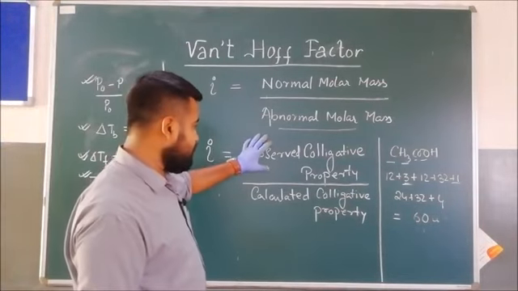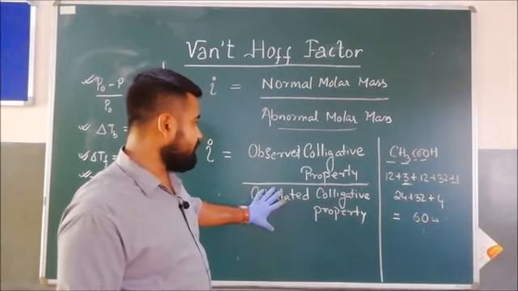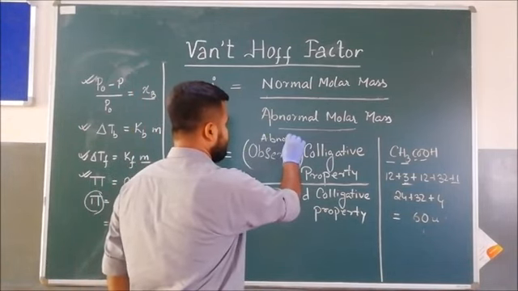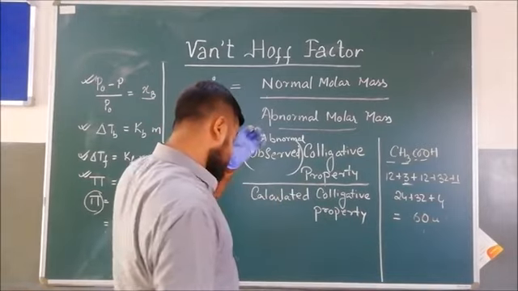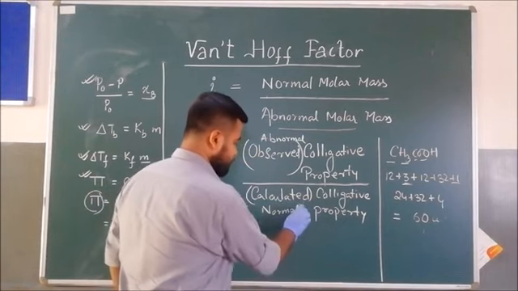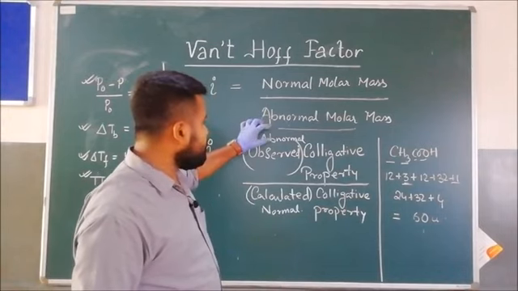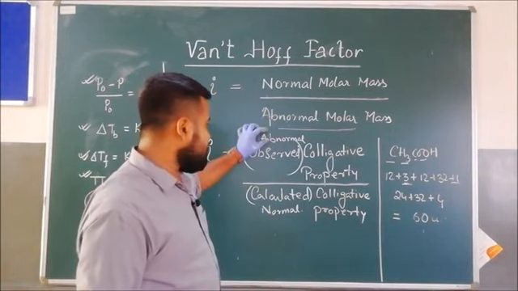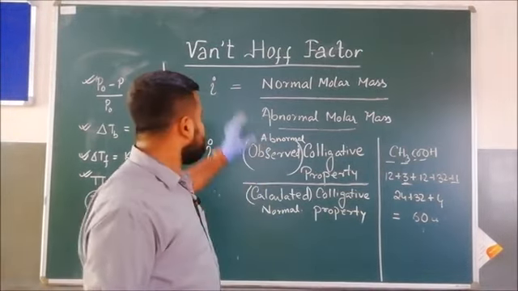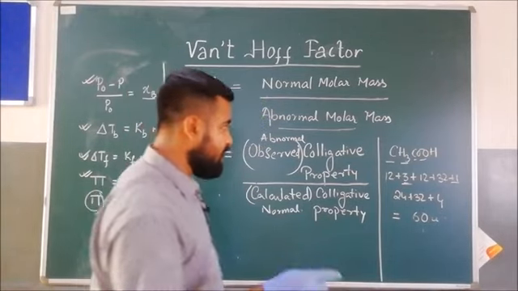That's why if here we are writing observed colligative property by calculated colligative property, it means this is the abnormal colligative property, and this is the normal colligative property. Clear? Here we are writing normal by abnormal, but there we will write abnormal by normal. So abnormal is the observed value and calculated is the normal value. But here i is normal molar mass by abnormal molar mass. Why?